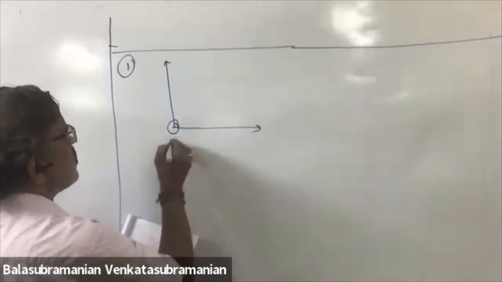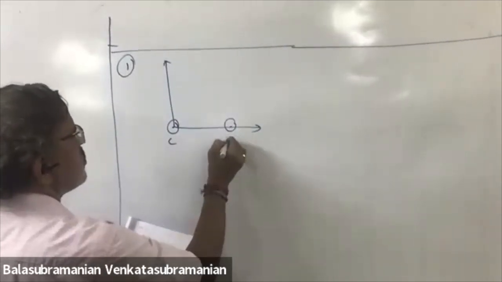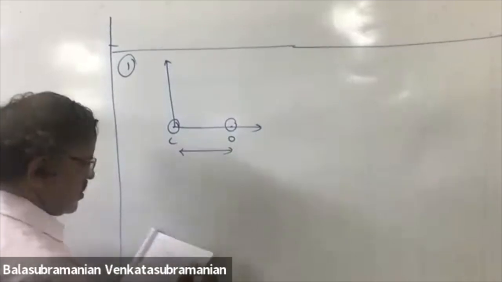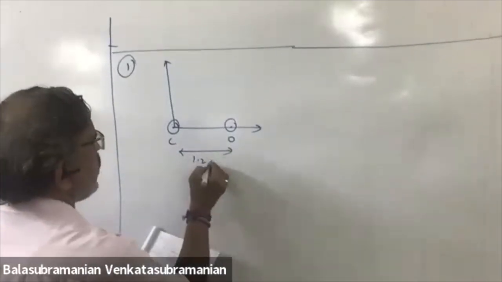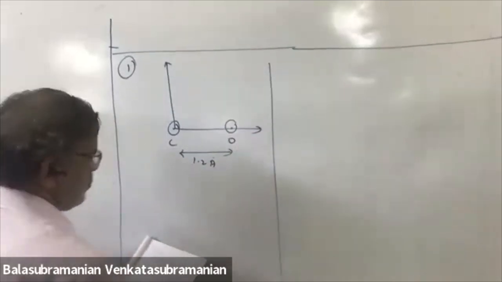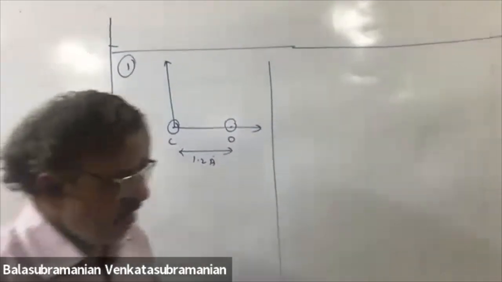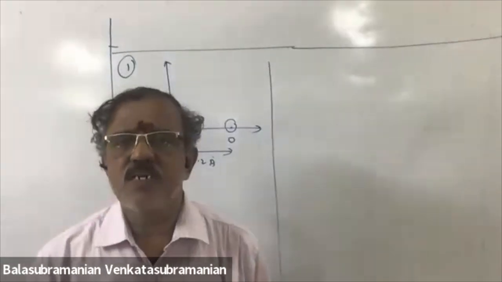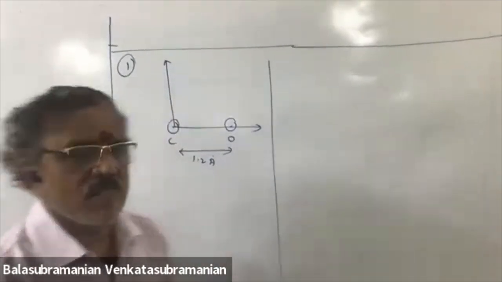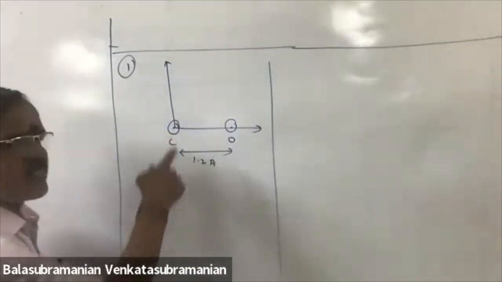Here, this is C, this is O. The distance between them is given as 1.2 Angstrom unit. You have to calculate the center of mass from the carbon atom, that is from the origin in our example.